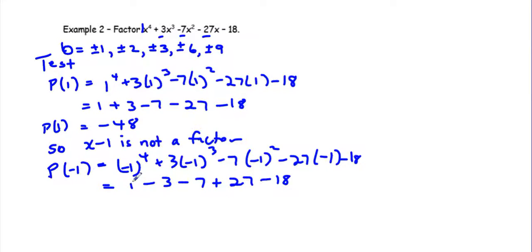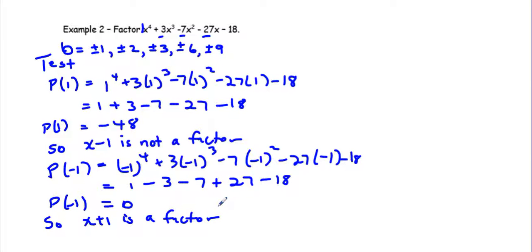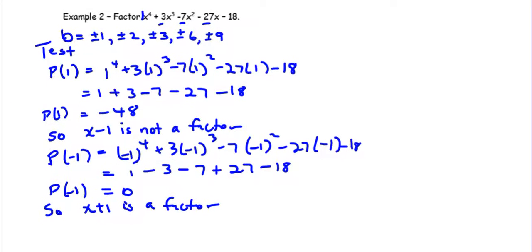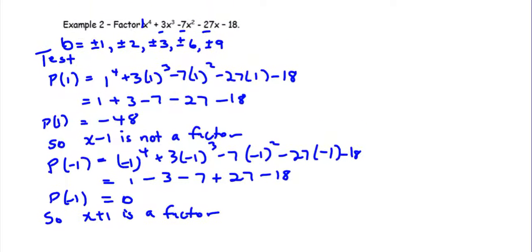So this is more possible here. So 1 minus 3 is minus 2, minus 9, plus 27 is 18, and 18 minus 18. Okay, that one is 0. So right now I know I can conclude x plus 1 is a factor. Okay, so this is good. We have one of our factors.